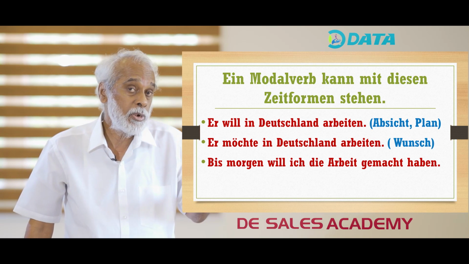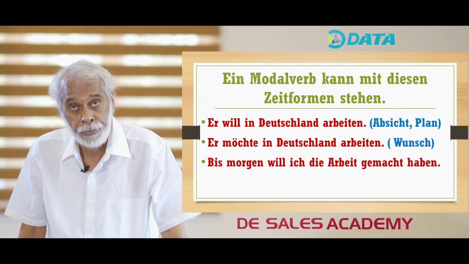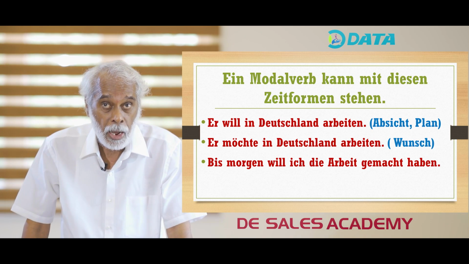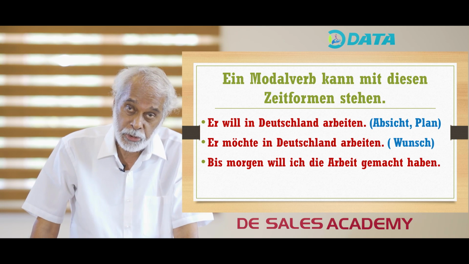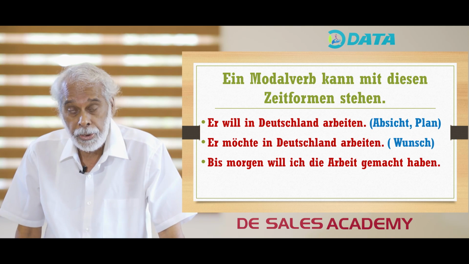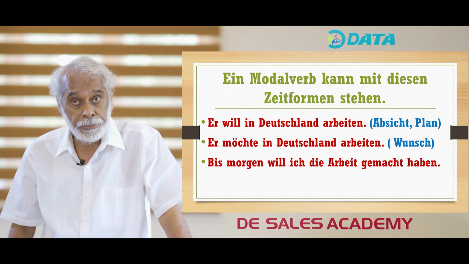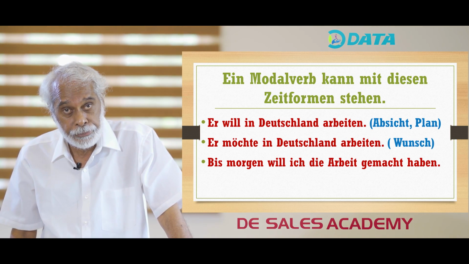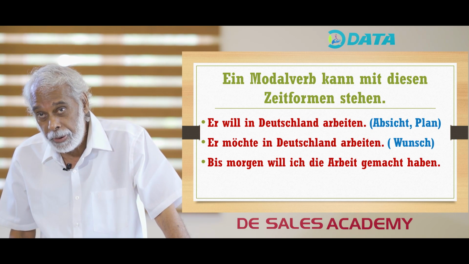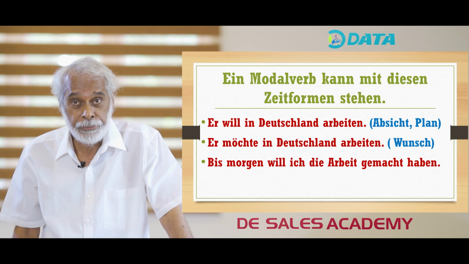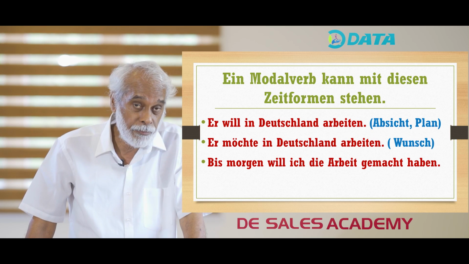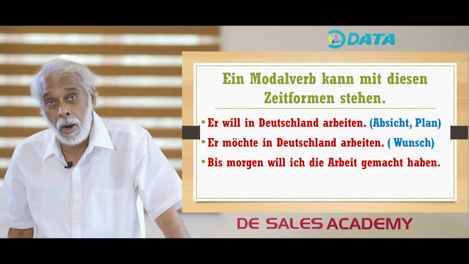Now I'm coming to modal verbs. Ein Modalverb kann auch mit diesen Zeitformen stehen. Will in Deutschland arbeiten. Möchte in Deutschland arbeiten. Bis morgen möchte ich oder will ich die Arbeit gemacht haben.